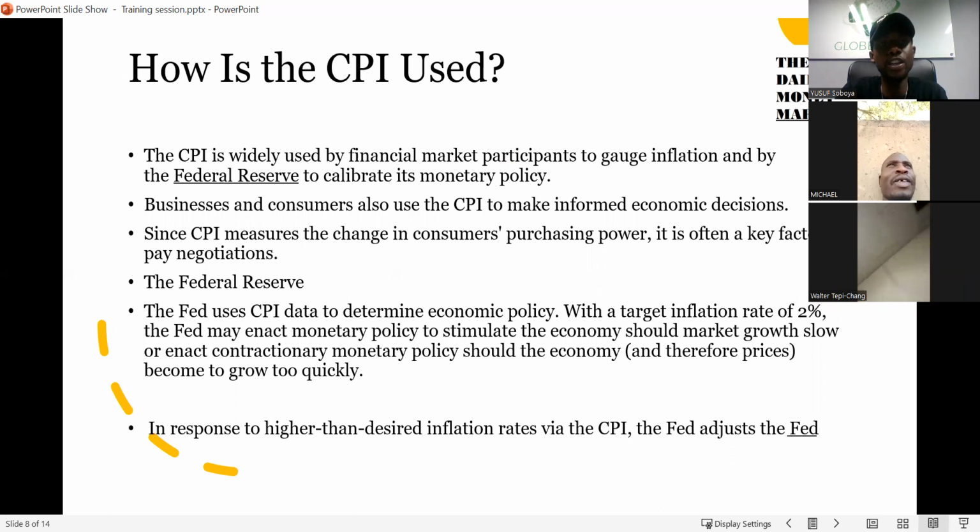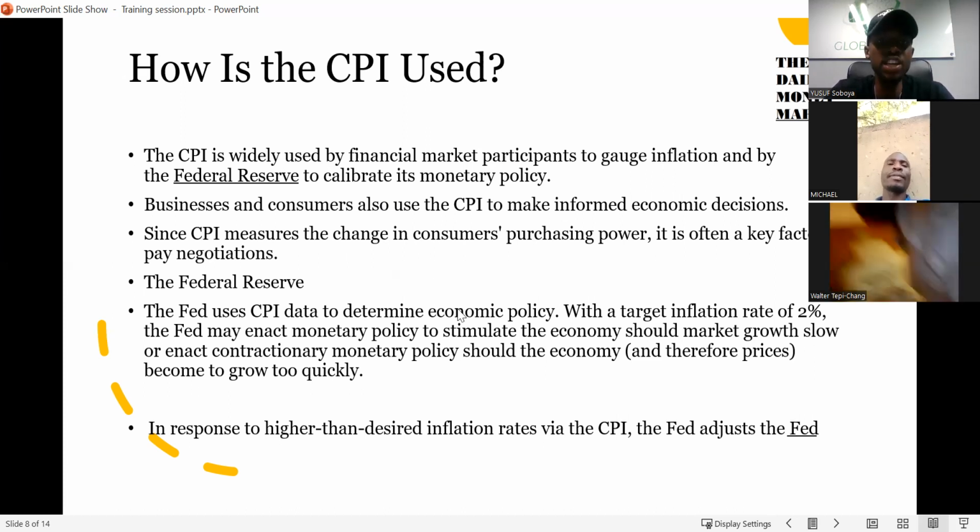So the Federal Reserve is not going to have informative release information without seeing the CPI, without seeing how much people are spending, how much product prices are higher or lower, how much we can increase or decrease the inflation rate of that specific month.